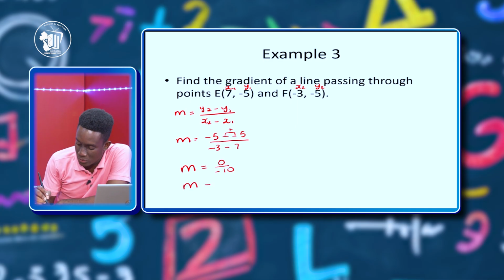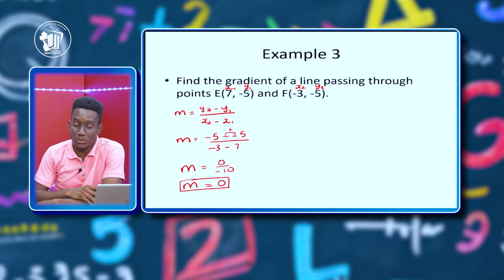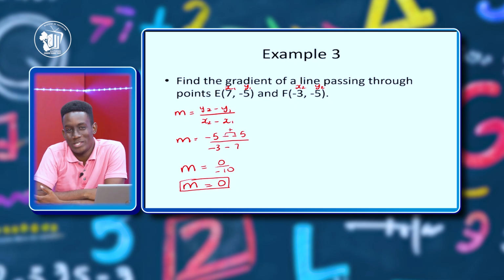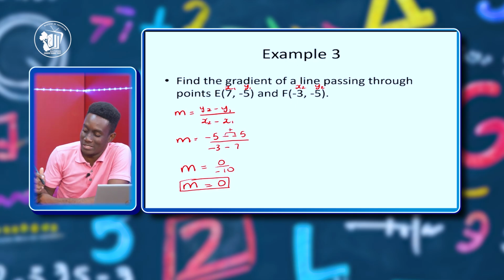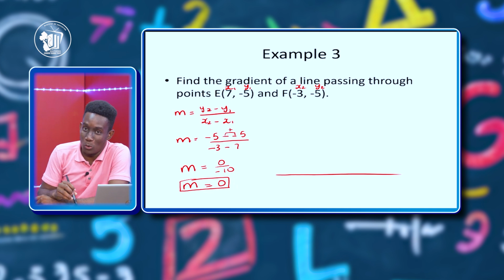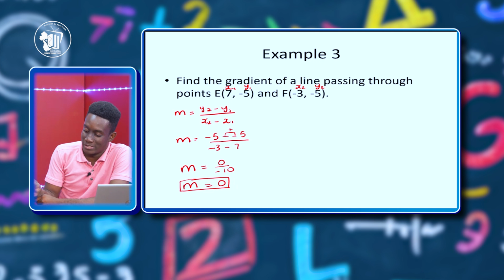So the gradient would be equal to 0 divided by -10 would give me 0. We know when the gradient is equal to 0, that means the line is horizontal and there is no rise. So it just goes straight across. So when we see the gradient as 0, that means the line will go straight across.